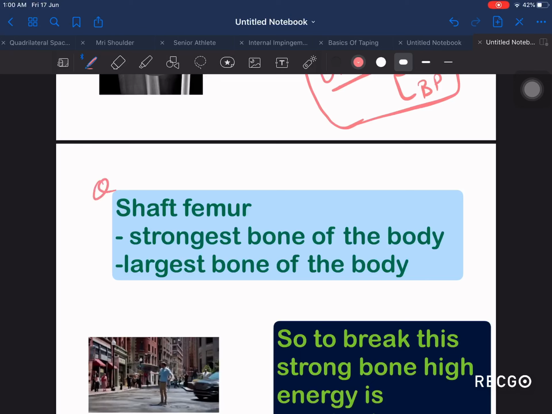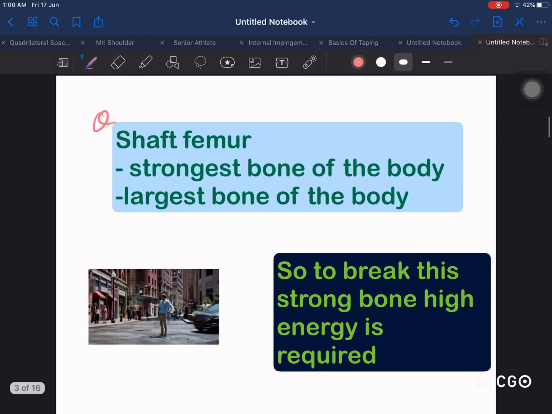As it is the strongest bone of the body, a high amount of energy is required to break it. High energy here means the person is struck by a motor car or a high speeding vehicle. For example, a person was crossing the road and got hit by a speeding vehicle, then he has chances of a shaft femur fracture.